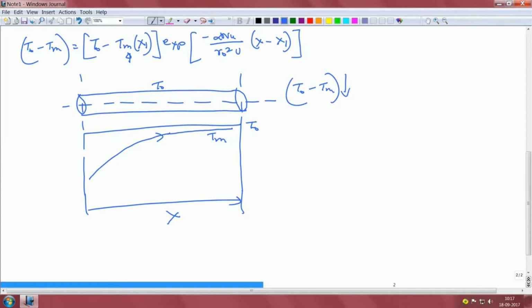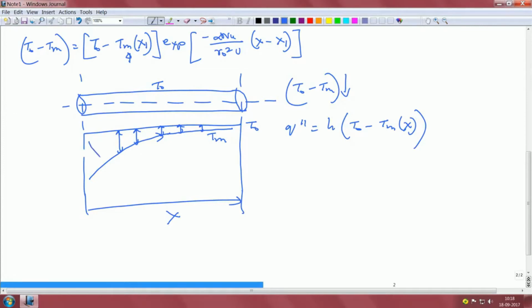T naught minus Tm is basically coming down. Now, what was the expression for Q double prime, the heat flux? It was H into T naught minus Tm at any x. So naturally what it means is that Q is given by this difference between the two temperatures. What should be the nature of Q? Q should also come down in an exponential fashion.